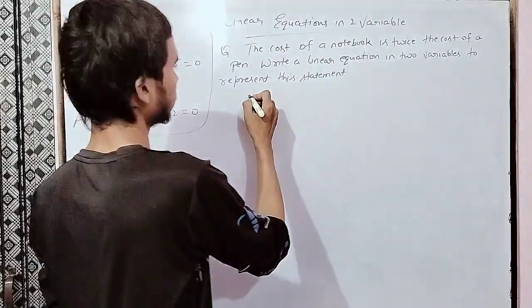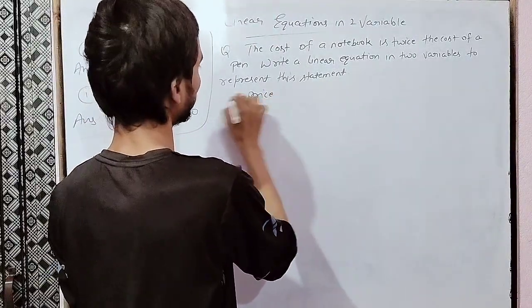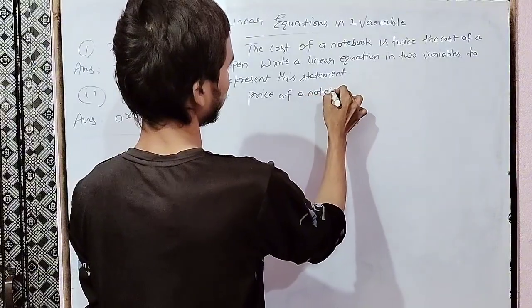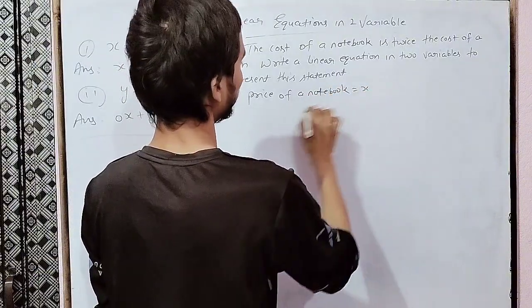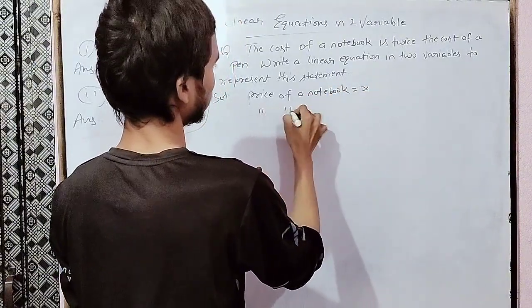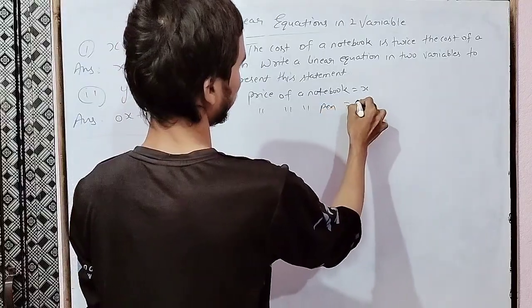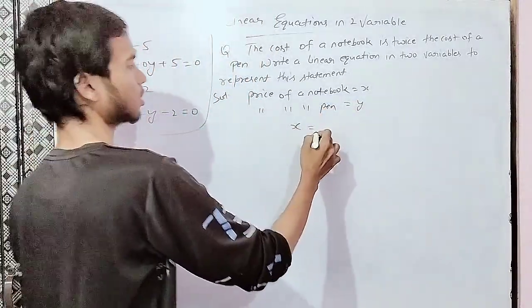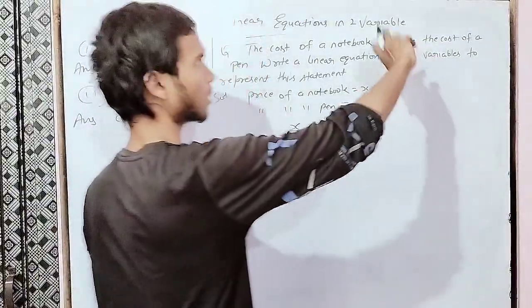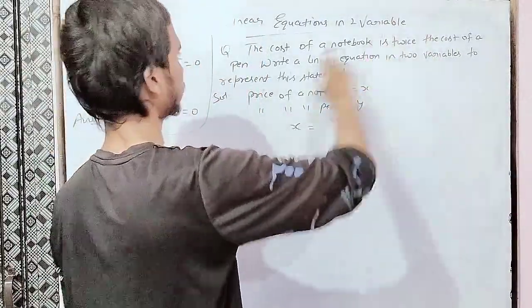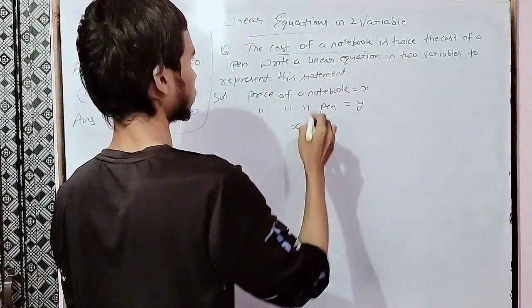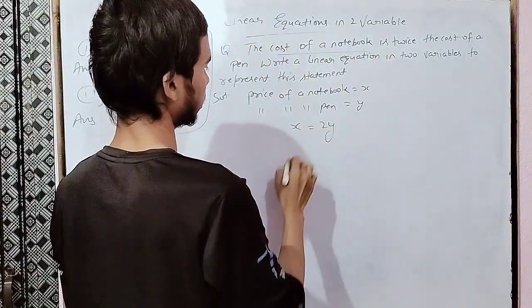So here we can say the price of a notebook is the x variable. The price of a pen would be the y variable. So the cost of a pen is twice that of the notebook.